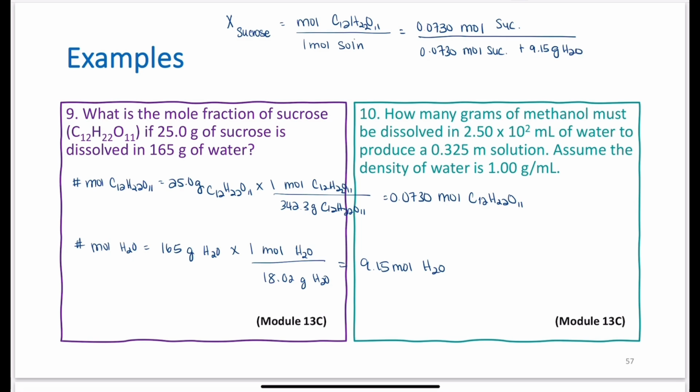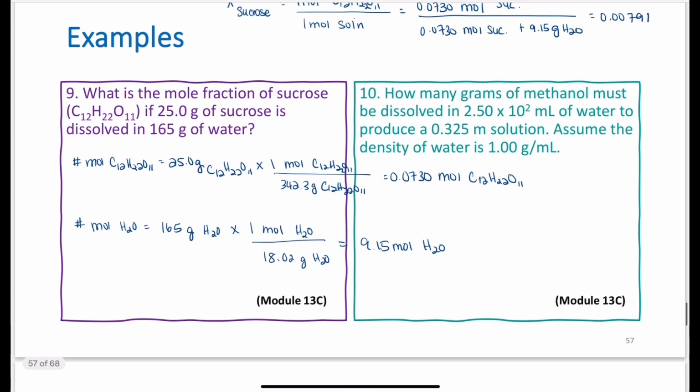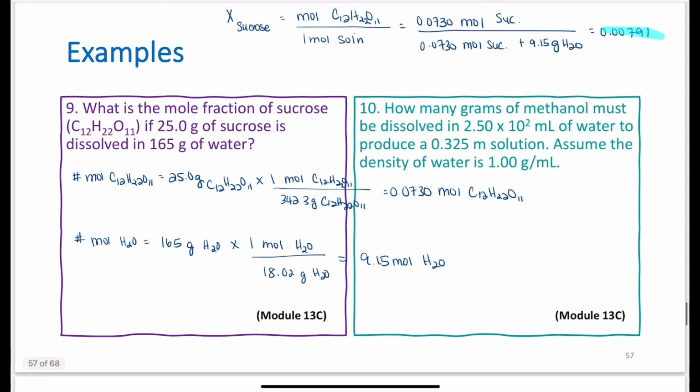So my mole fraction of sucrose is pretty dang small, 0.00791. What does that mean? It means that less than 1% of the solution is actually due to sucrose. The rest is due to water. Not a lot of sucrose in there.